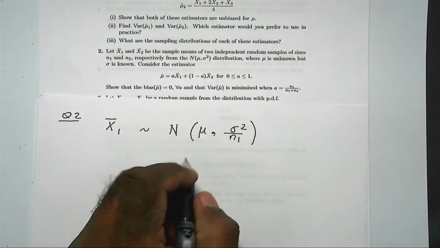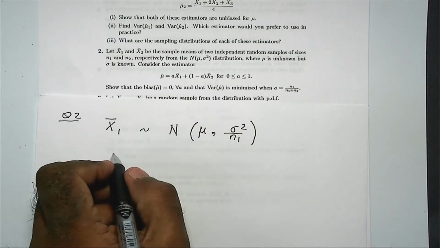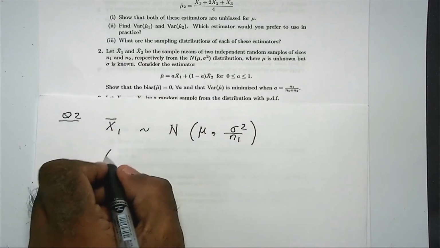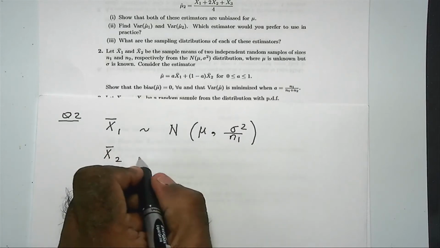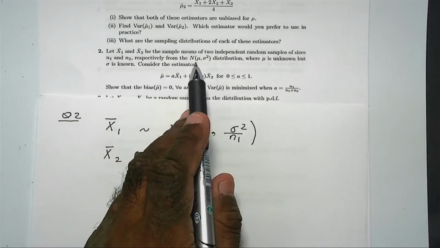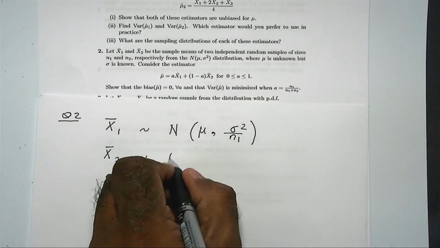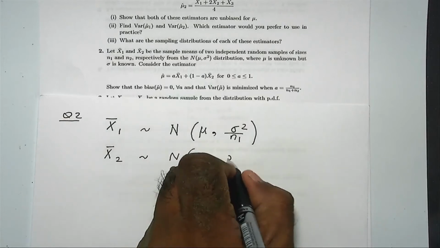If you don't know where this comes from, please look at the video on normal distribution. And similarly, this x bar 2, which is a sample mean of a sample of size n2, will have a normal distribution with these parameters.